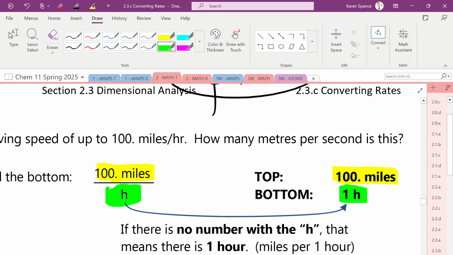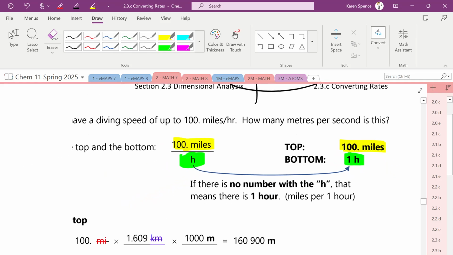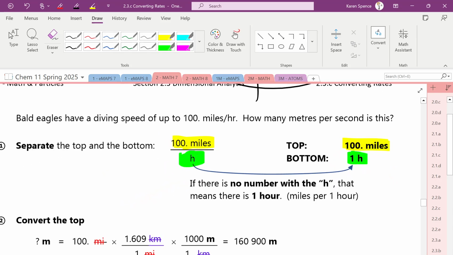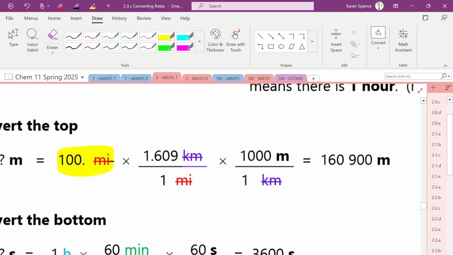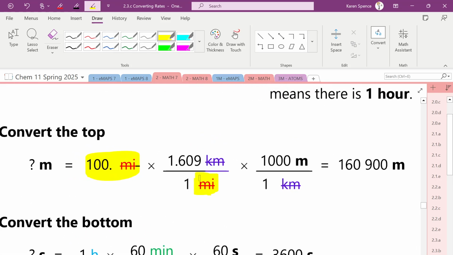So that's 1 hour. Okay, so we've separated the top and the bottom. We're now going to convert the top. We take our 100 miles and we cancel out the miles. We cancel out the kilometers, and eventually we find the meters.